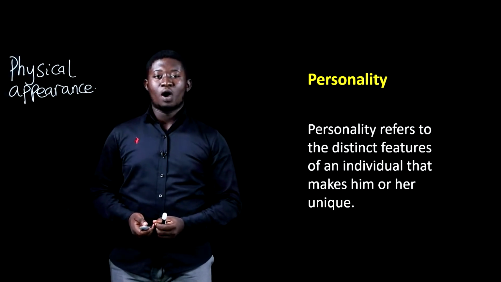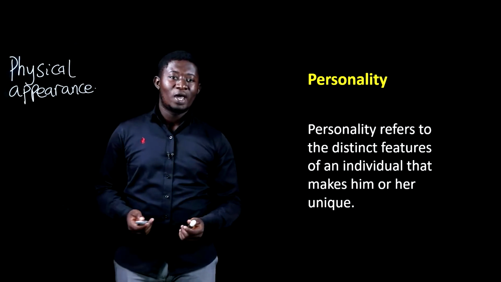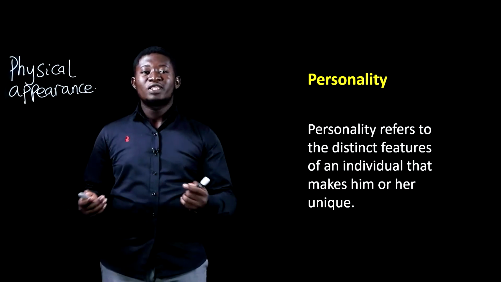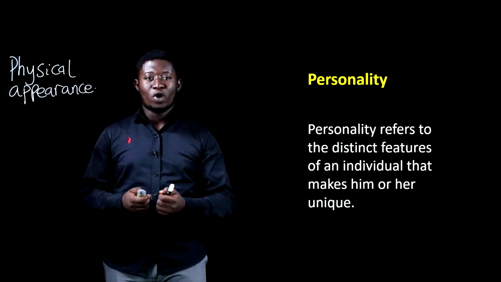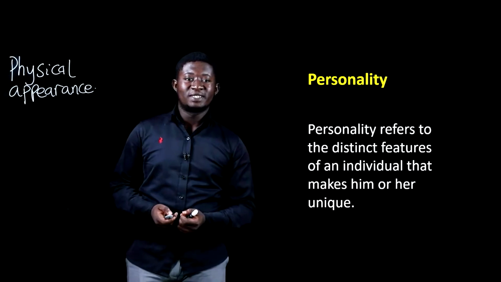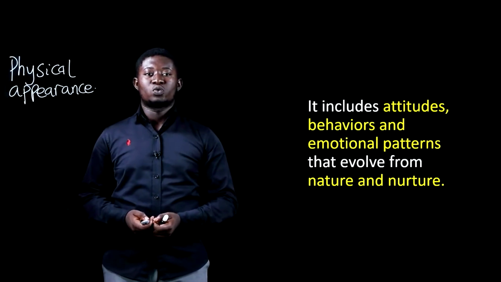We have individuals who are big, others are small, some are tall, and some are short. All these features make us different and unique from one another. And so personality has to do with the physical appearance also.